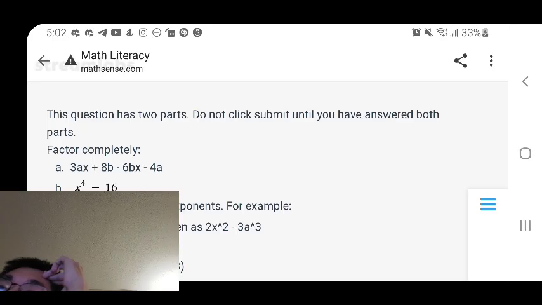What the first part? Oh, so let's factor out x. Is that what we want to do? X times 3a minus 6b.